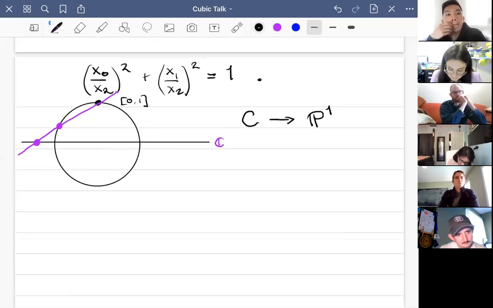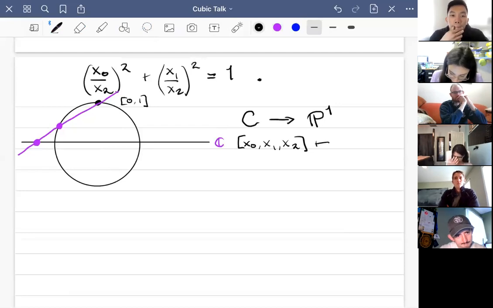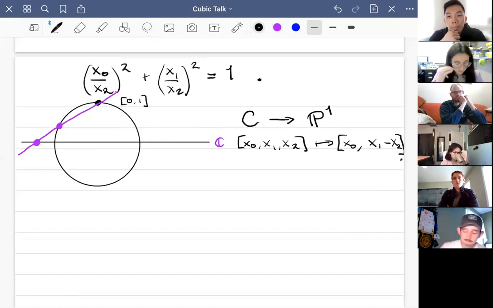If you write this down in coordinates, this is going to be the same as taking these coordinates and mapping them to x0, x1 minus x2. This might not be exactly right, but you can see what I'm doing.